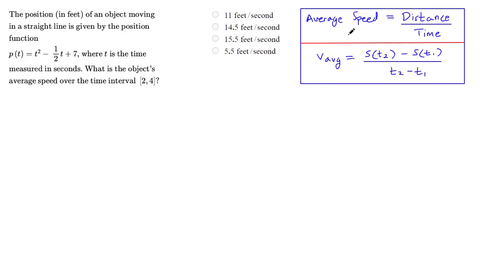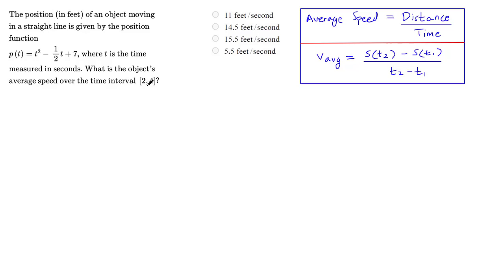So average speed is defined as the distance divided by the time it took you to travel that distance. So in terms of math, we can write V average is equal to the position at the final time, T2, minus the position at the initial time, T1, and then divided by the change in time, the time it takes you to travel that distance, T2 minus T1.